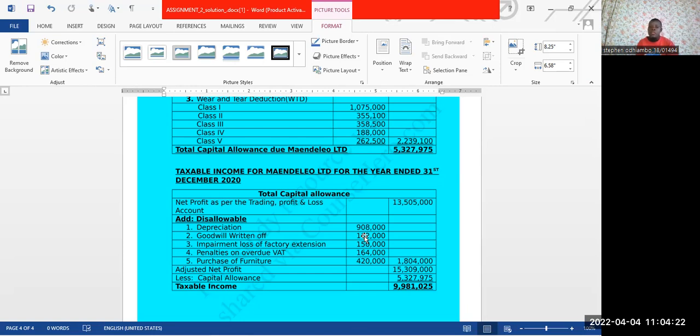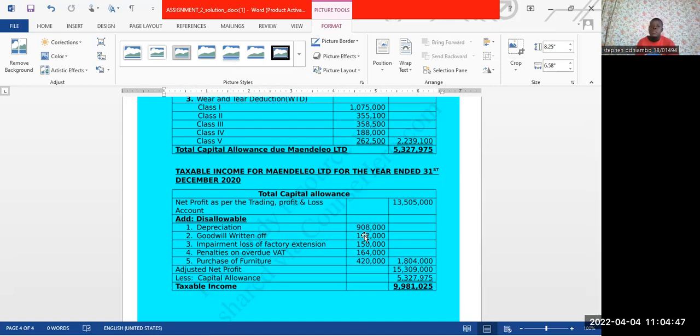So under this we have adjusted net profit, not taxable income. Remember, for you to get taxable income, you just take net profit add disallowable expenses less allowable expenses, then less capital allowances. You will be having your taxable income as required.